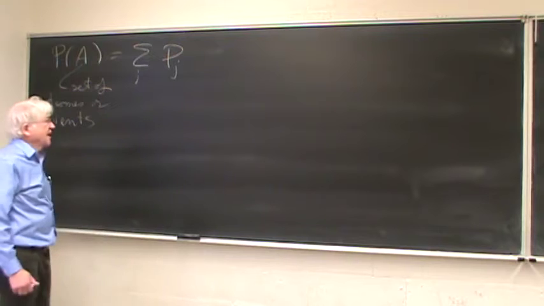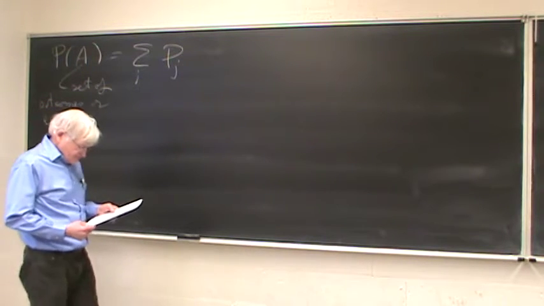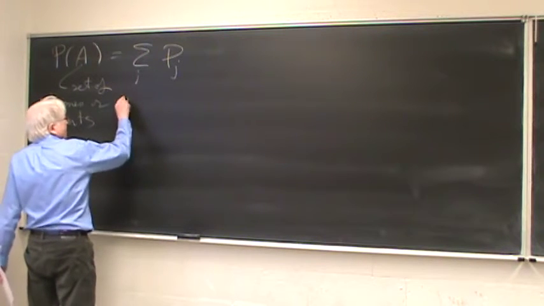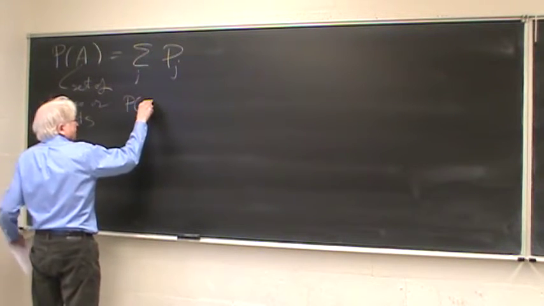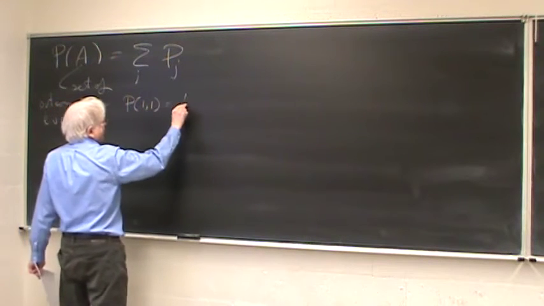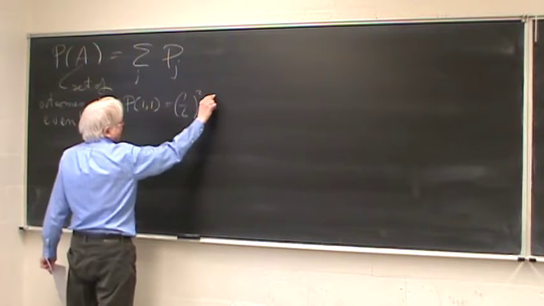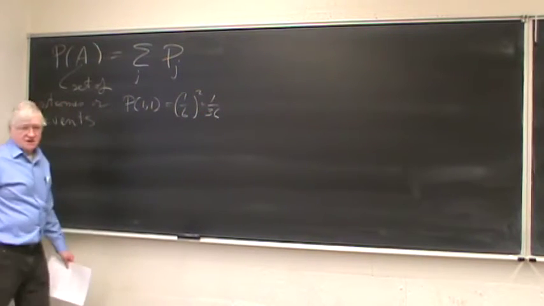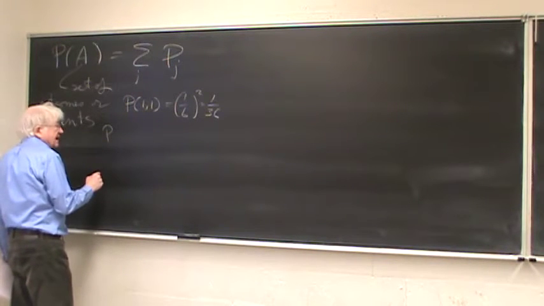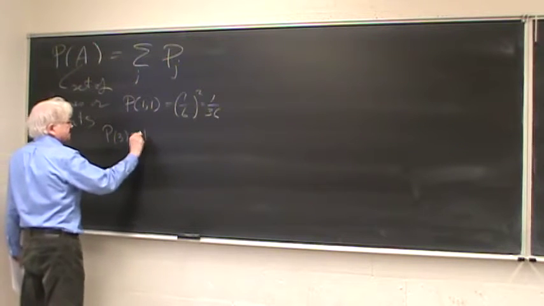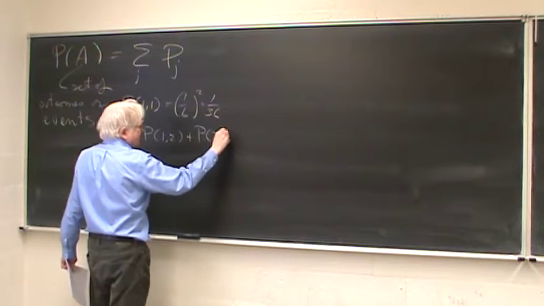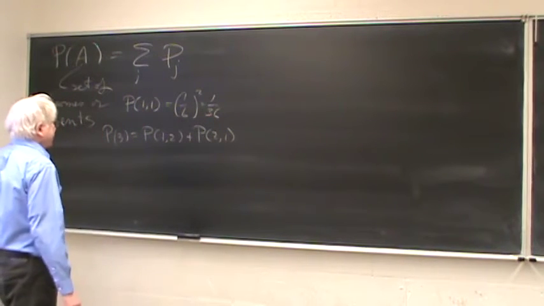So, for instance, if you have dice, then the probability of getting 1 followed by 1 is 1/6 squared, or 1/36. The probability of getting 3 is the probability of getting 1 and then 2 plus the probability of getting 2 and then 1.